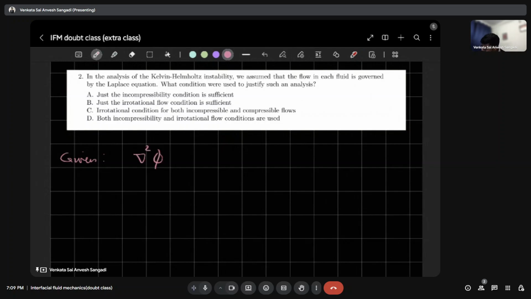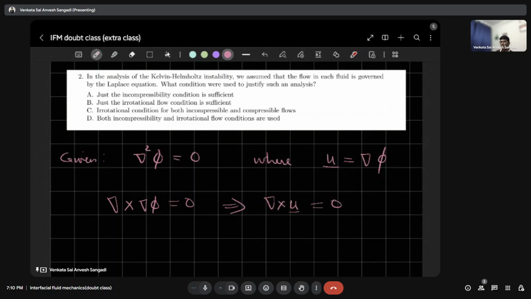We have del square phi equals 0, where the velocity vector u is the gradient of phi. This is primarily because del cross gradient of phi is always equal to 0, and this implies that del cross u equals 0.